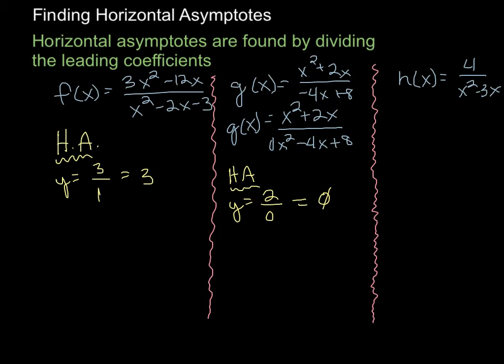Now look at the next example, where the leading exponent on the bottom is bigger. We're going to do the same idea with a placeholder. So we have (0x squared + 0x + 4) over x squared.